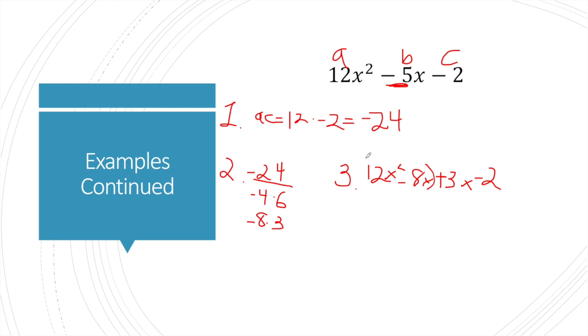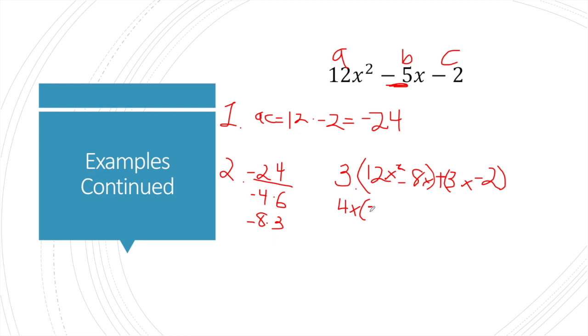So we'll put some parentheses. Okay. So now I look at my first group and I say, okay, what is the greatest common factor of 12x squared and negative 8x? Well, they're both going to have a factor of x, so I know I'm going to have to pull that out. And the greatest common factor of 12 and 8 is going to be a 4. So I'm going to pull out a 4x.